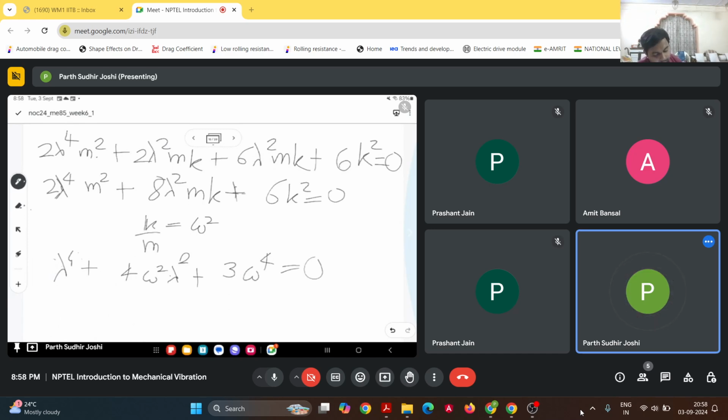So this will have the roots. I think it's a simple quadratic equation. You can solve it as lambda square plus 3 omega square, and so you can factorize it like this, right?